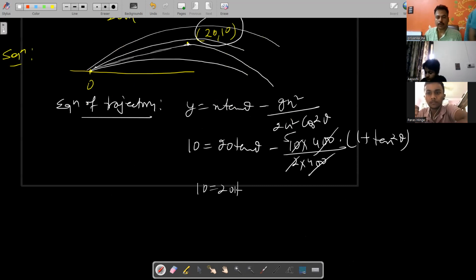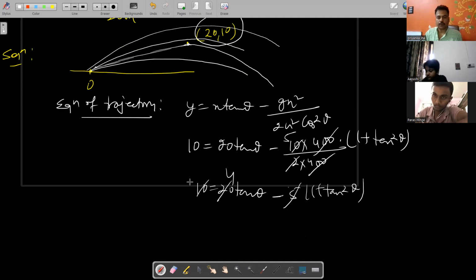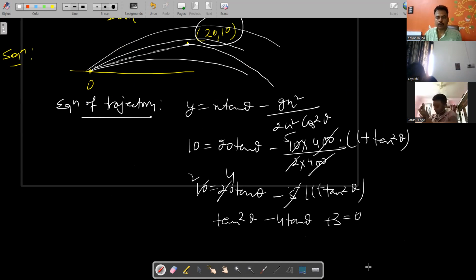Tan theta equals 20 tan theta minus 5 into 1 plus tan square theta. So tan square theta minus 4 tan theta plus 3 equals 0.